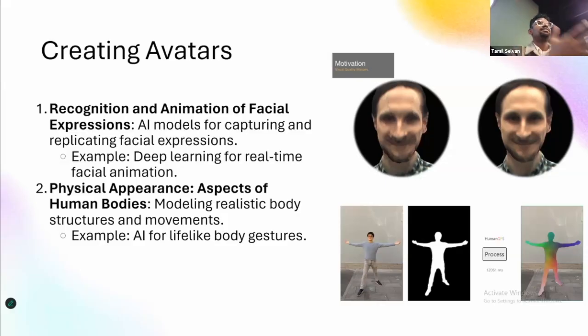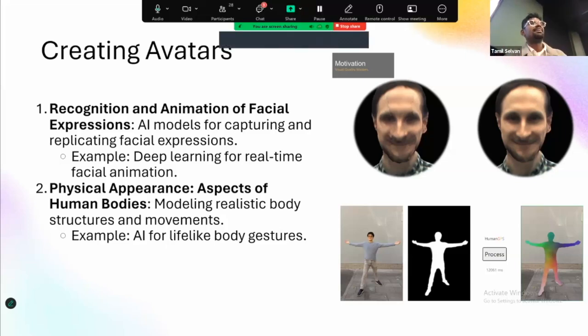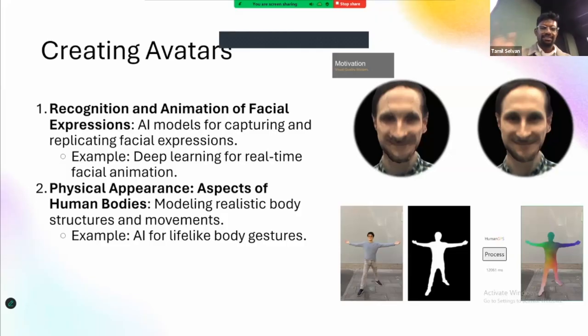If you want to improve the realism of the XR world, you might need to create it in a photorealistic way. So that is where people are currently working on developing models that increase the realism of avatars in the XR space.